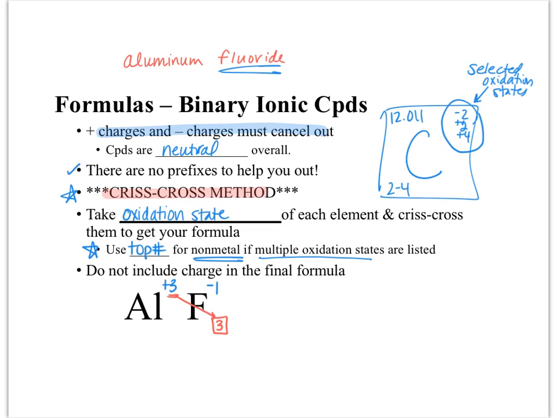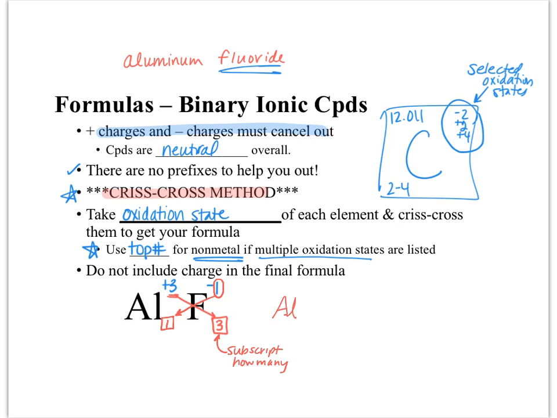The subscript tells you how many. And then you'll take the oxidation state of the nonmetal and crisscross it over to become the quantity of the metal. Once you've done that, now you can rewrite the formula neatly and clean it up.